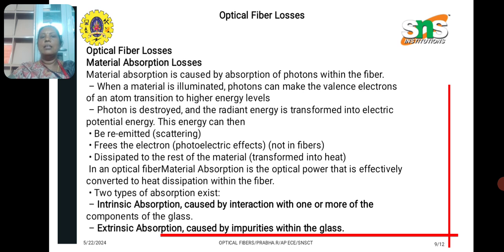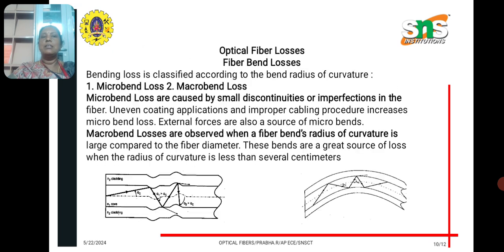And there are two types of absorption, intrinsic absorption and extrinsic absorption. Intrinsic absorption is caused by interaction with one or more of the components of the glass, and extrinsic absorption is caused by external impurities within the glass.